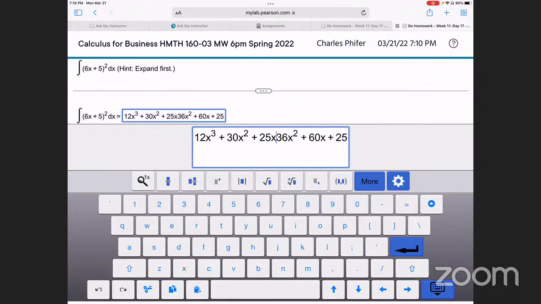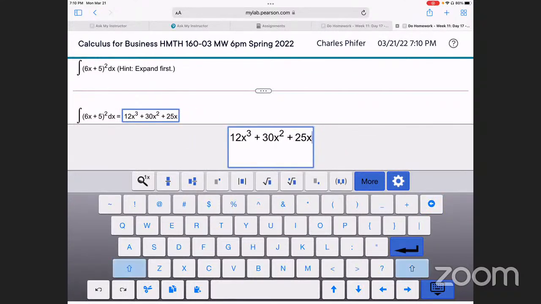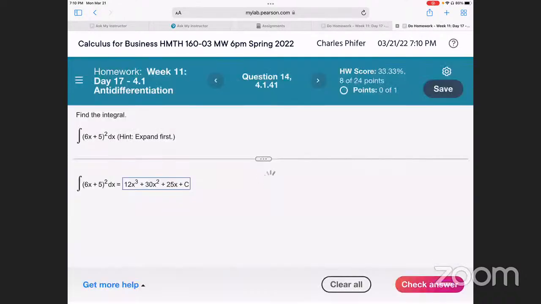We need to get rid of all of that and then put our plus c. Hopefully that solved it. So we expanded it, and then we just did what we've been doing, right?